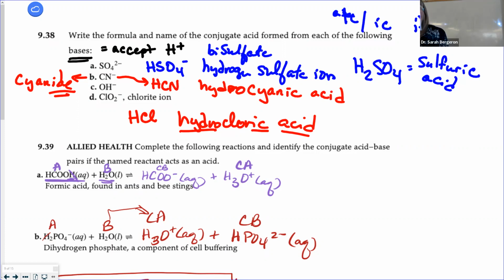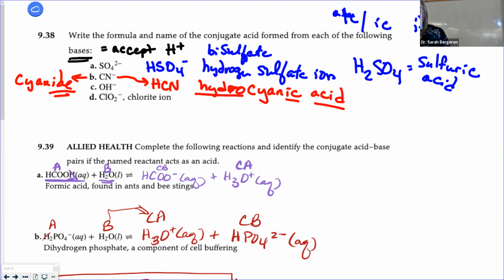Right? Because I got the hydro, I got the ic, I got the acid. Okay. ClO2 minus. They told you, this is the chlorite ion. So ite becomes what? Ous.